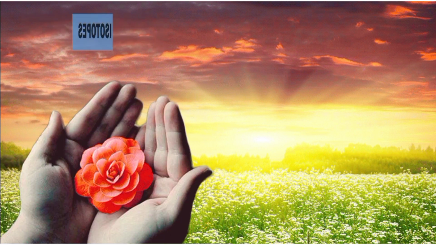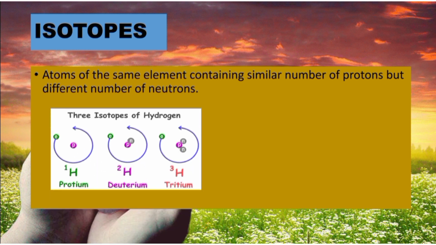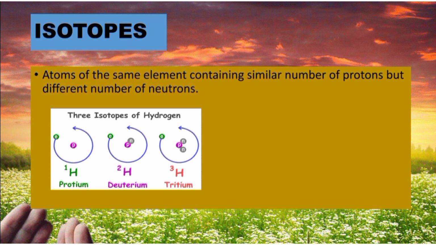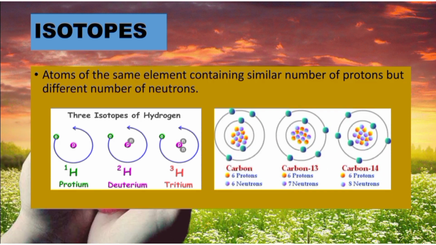Okay? Now, we also have what we call isotopes. Now, may mga elements na meron silang same number of protons pero magkakaiba yung number of neutrons na. Therefore, kung magkakaiba yung number of neutrons nila, meron din silang magkakaibang mass number. Such as here, the different isotopes of hydrogen and the different isotopes of carbon.